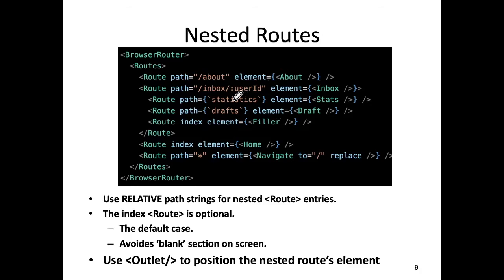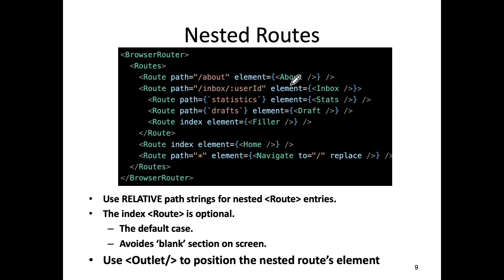So these, we would call these nested routes. And I'm just reminding you, make sure to use relative path names. If you use absolute path names here, that kind of messes things up, doesn't work. And the index case is kind of the default or fallback case.